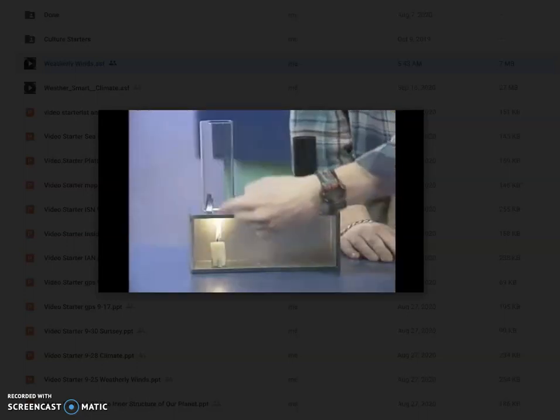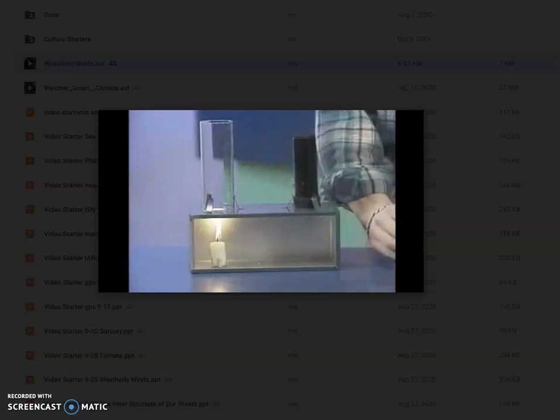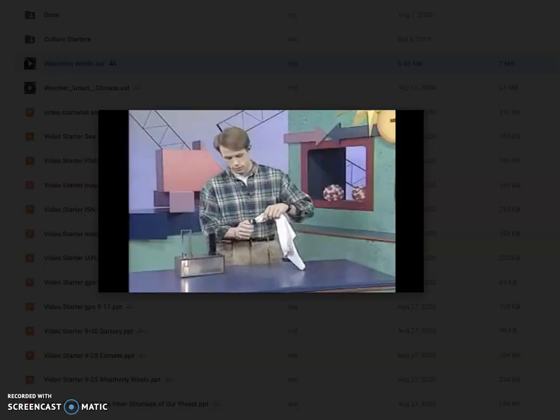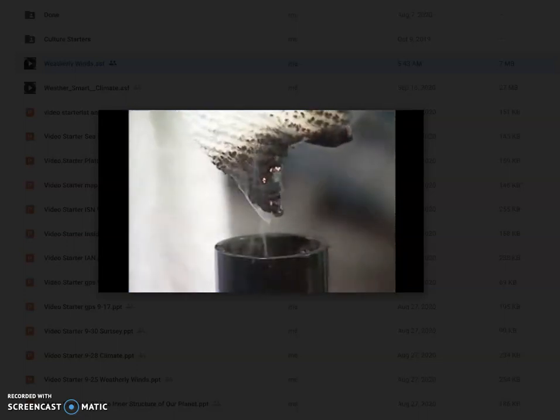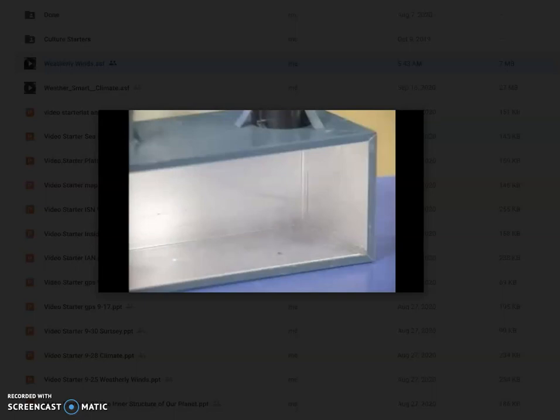Eventually, we set up a circular current. And if we had smoke, you can actually see the current. Smoke is being carried along in a convection current.